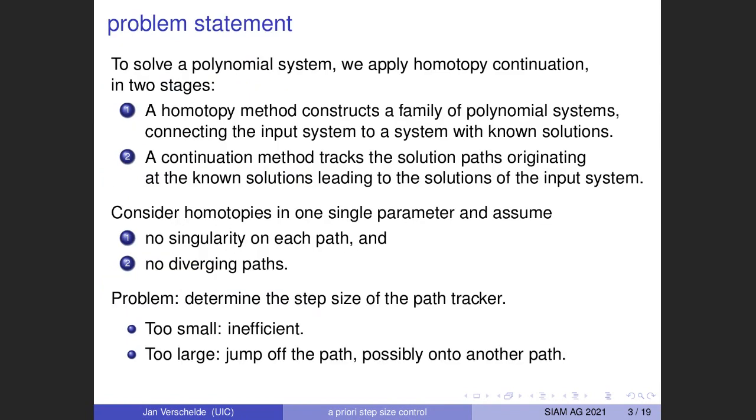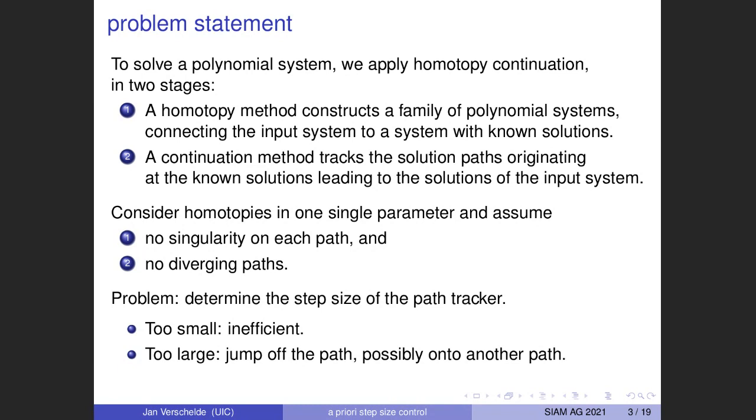We want to solve polynomial systems with homotopy continuation methods. We do have generically optimal homotopies for systems with a linear product structure, and we can solve sparse polynomial systems equally well if we exploit the Newton polytopes.